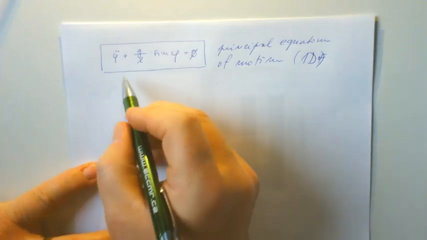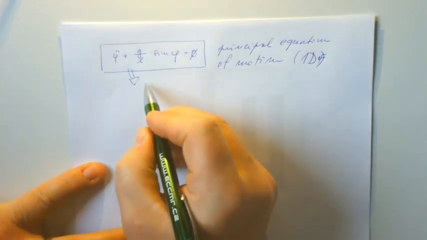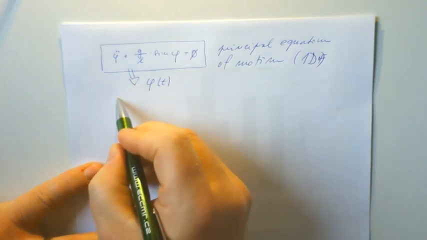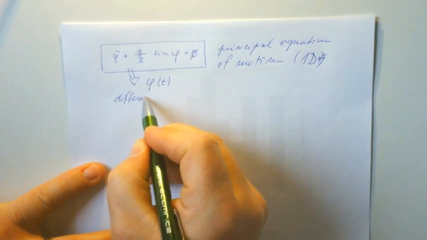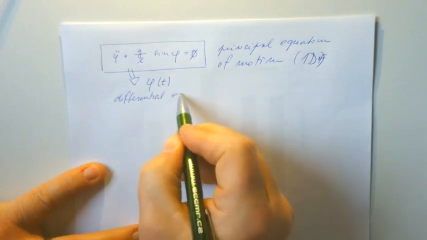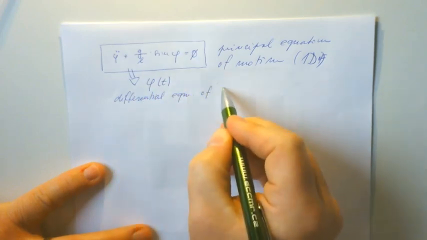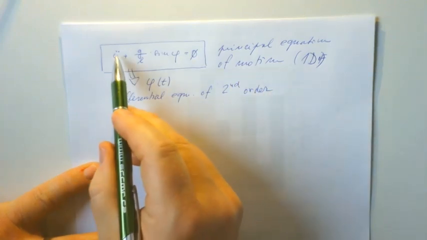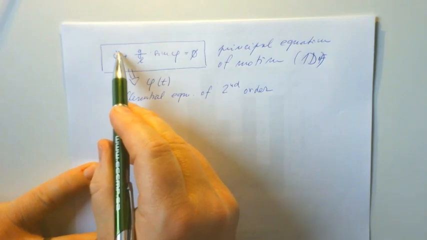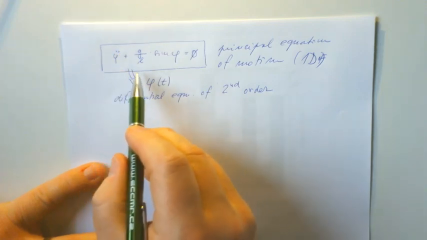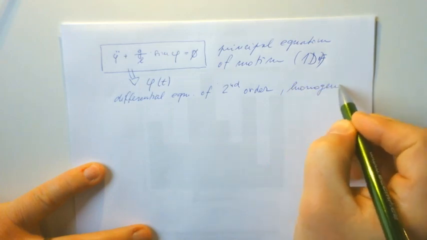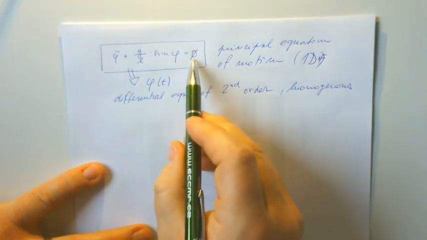So now we would like to solve this equation to get phi in time. This is a differential equation of second order, because there is a second derivative with respect to time, and it's homogeneous because the right side is equal to 0.